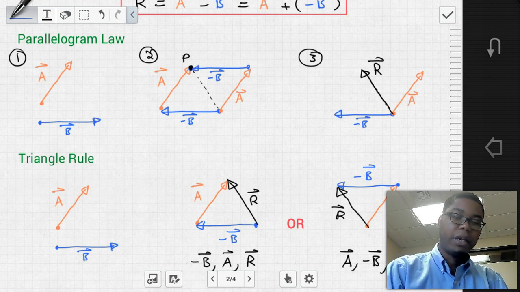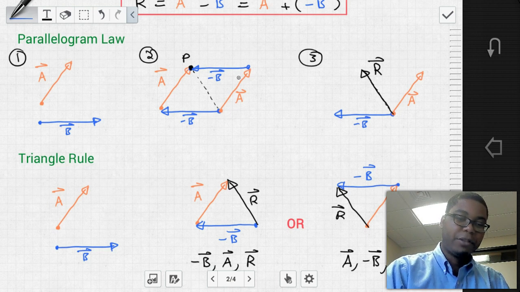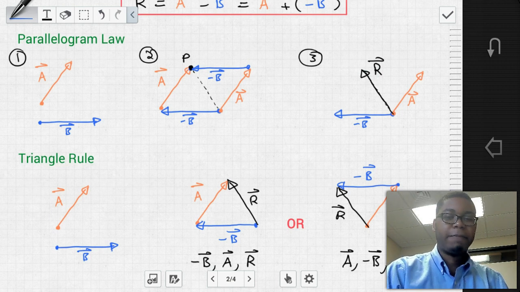Now that we've done that, we find the point where these mirrored vectors meet, and that's point P, and it has a certain length or magnitude to it. Now that we have that magnitude, we take the sense and we find our resultant vector R of this subtraction, vector A minus vector B.